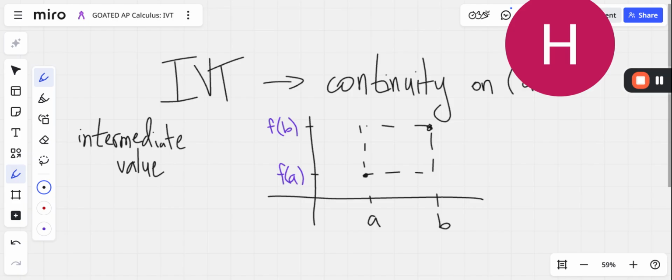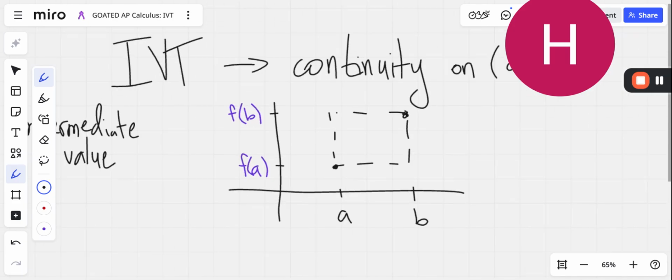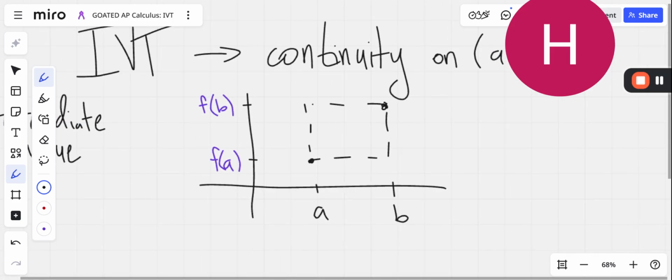Let's suppose that on an interval from a to b, the function value starts off at f of a, which I'll put down here, and f of b, which I'll put somewhere higher. If the function's continuous, that means there has to be an unbroken path from f of a to f of b, and it still has to follow the rules of a function, so it can't fail the vertical line test.